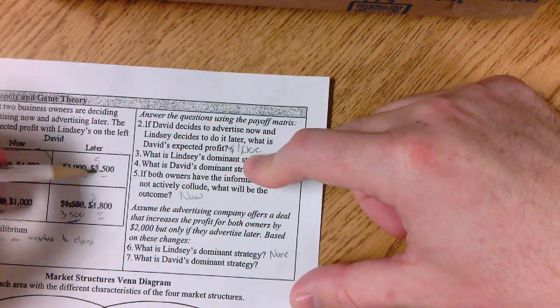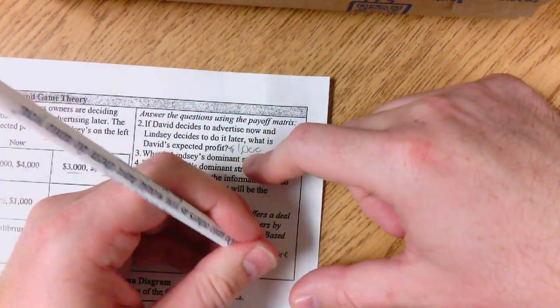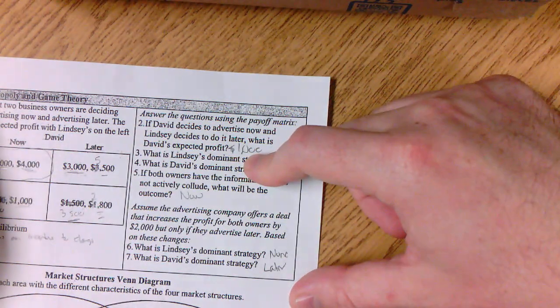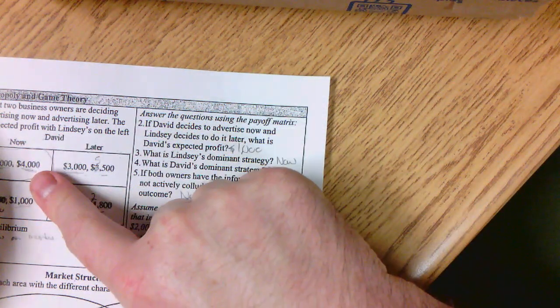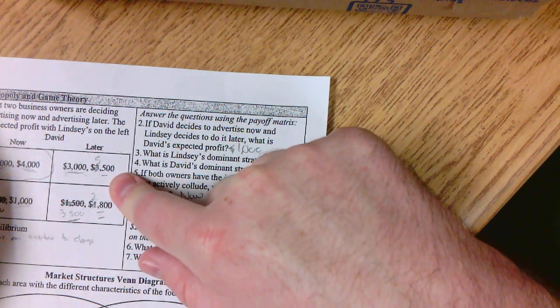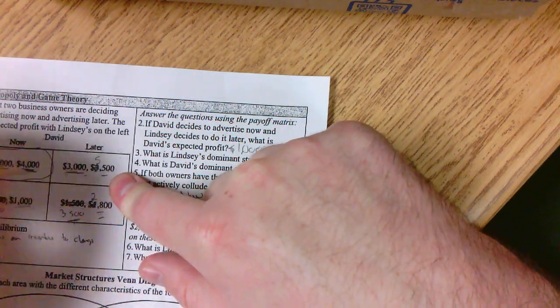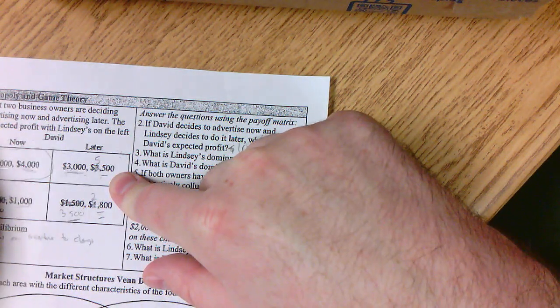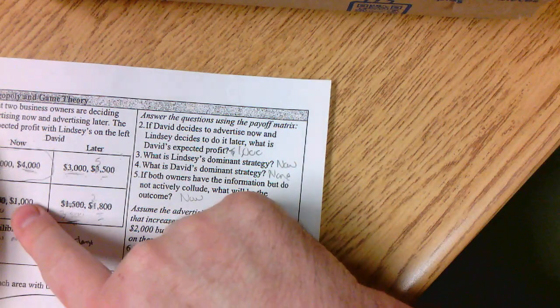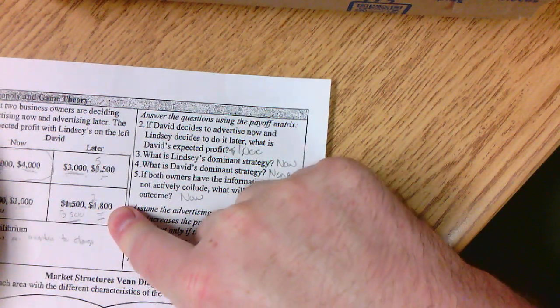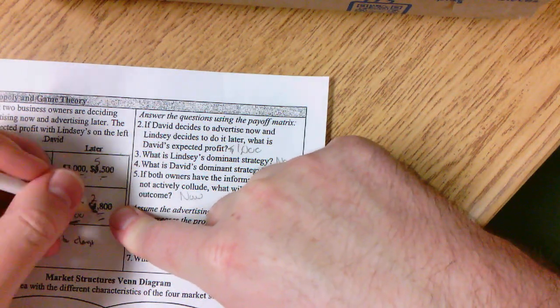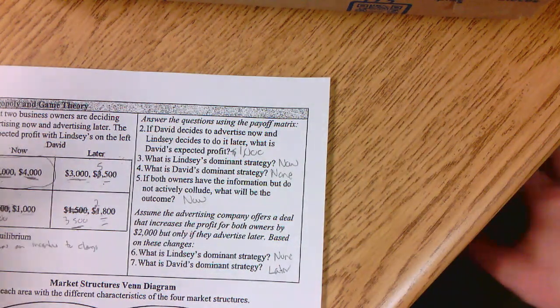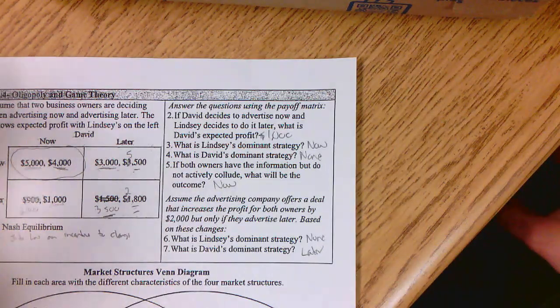No matter what Lindsay does, he's going to decide to go later here. Because again, if Lindsay chooses now, and he chooses now, he would make $4,000. But if he chose later, he'd make $5,500. So he'll choose this option. If Lindsay chooses later, and he chooses now, it's $1,000. If he chooses later, it's $2,800. So in both scenarios, he's going to choose later, so then he would have a dominant strategy in that. That's what he's going to do regardless of what Lindsay chooses to do.